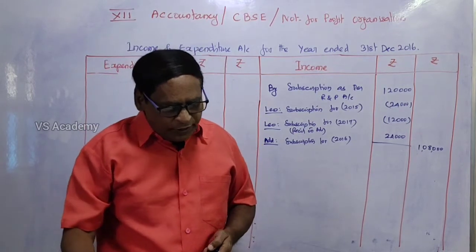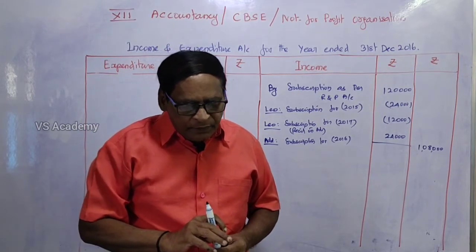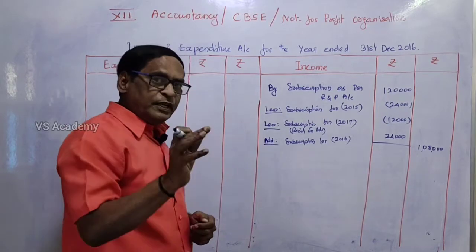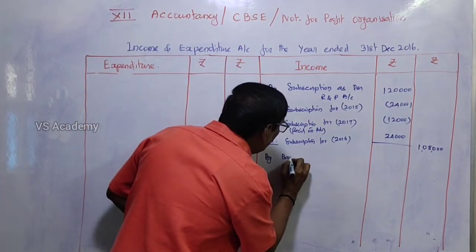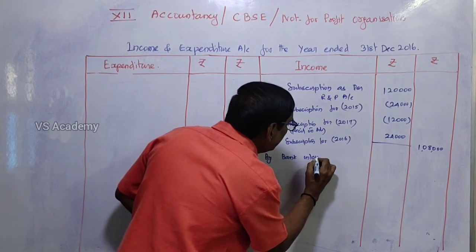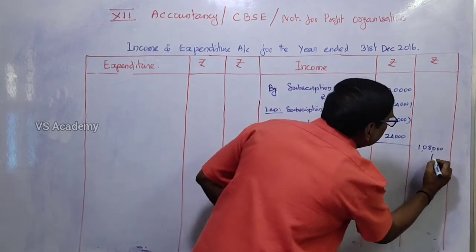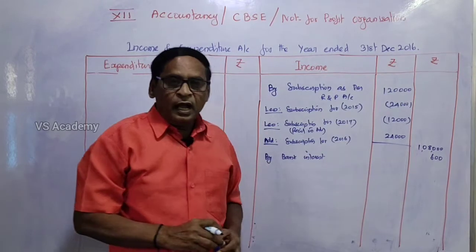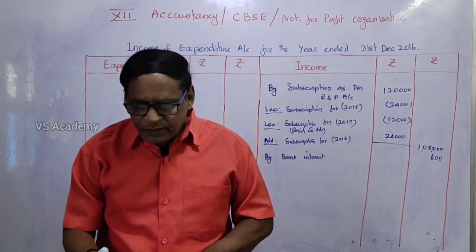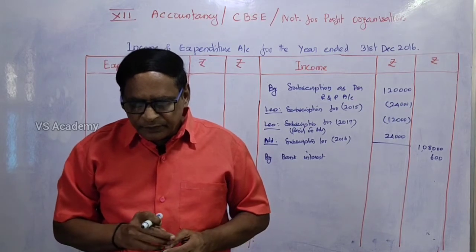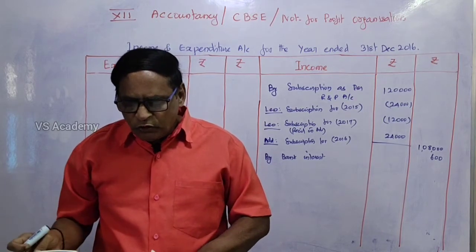And then one more income, that is bank interest. It is given in the question paper itself. So bank interest is also income, 600 rupees. And then in the question, there was an investment during the year, that is for 24,000.